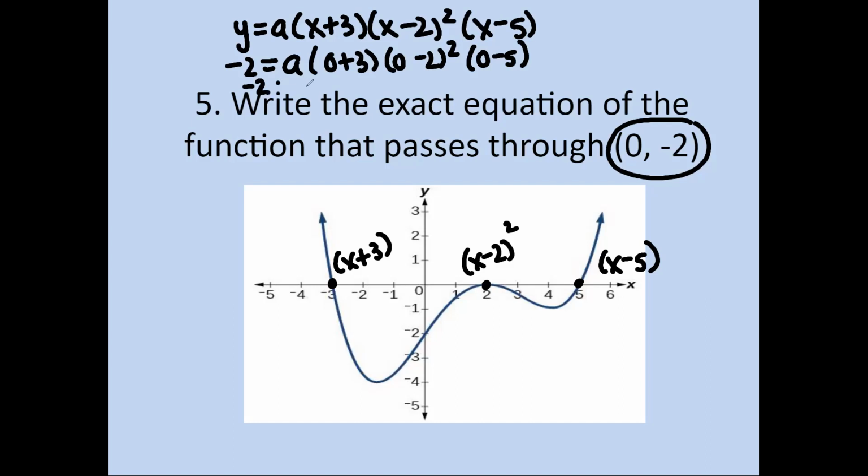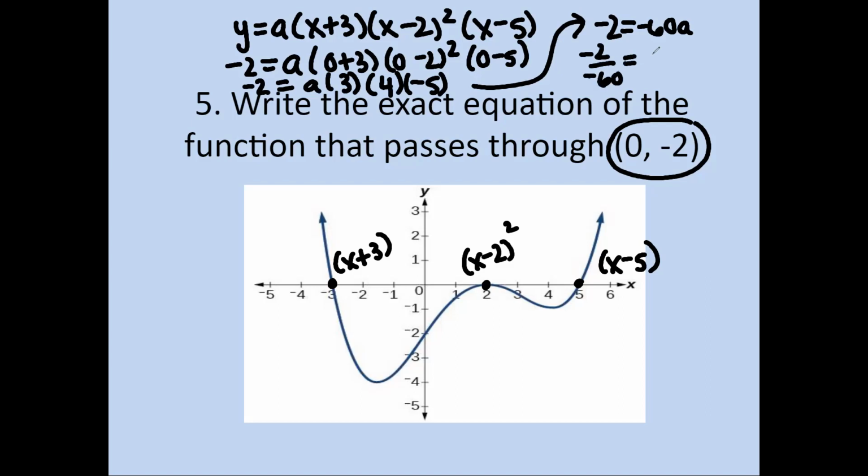So it's -2 is equal to a times 3, I get a -2 squared, which is a 4, times -5. So I'm going to get -2 is equal to -60a. I'm going to divide by -60.